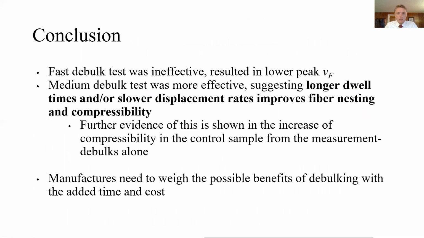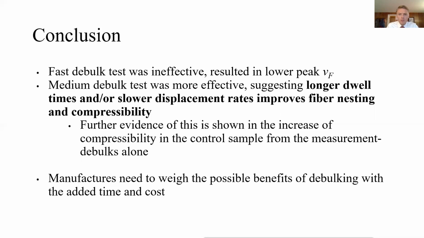Let me go back to this. So how can manufacturers use this? Well, further testing would be needed to confirm these results and build on them, as this was just a very small sample size. These results do suggest that debulking in these ways, specifically the medium debulk method, can be effective in improving volume fraction and fiber compressibility.